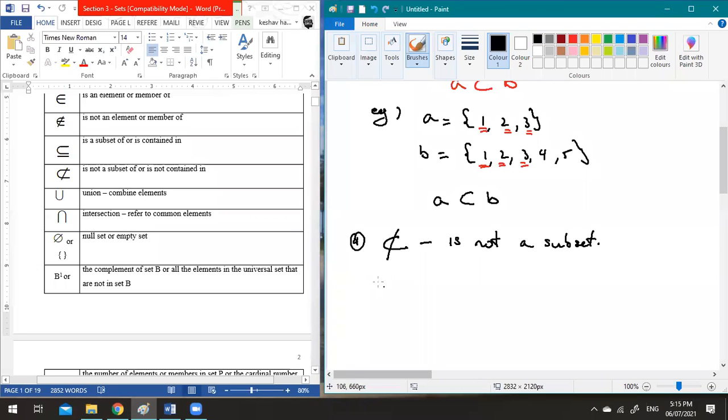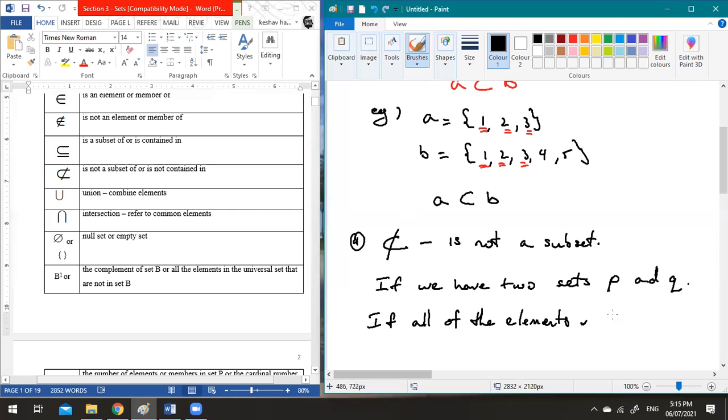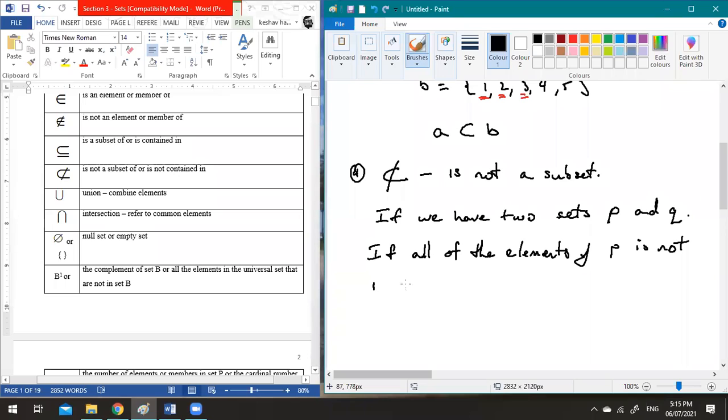This means that if we have two sets again, let's call them P and Q, and if all of the elements of P are not in Q, then P is not a subset of Q.